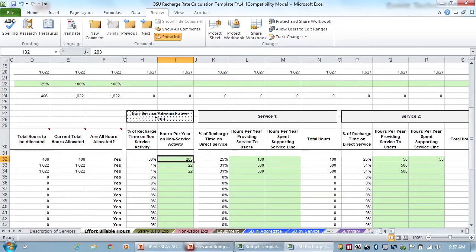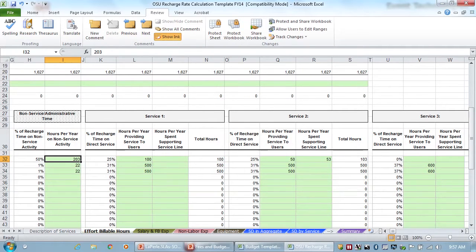About 50% of his or her time is spent on administration. Then you want to say out of what's remaining of their hours for the 3 tests that we did, how much time does the director spend on those? We say that he spends 100 hours on this one, 50 on this one, and 0 on service 3.